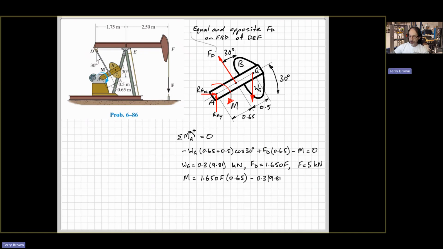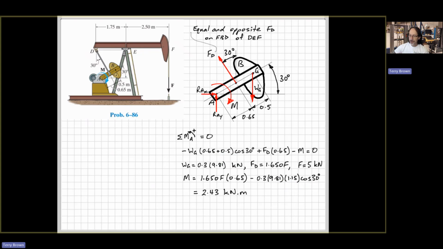So rearranging this equation here, just taking M over to the other side, we have FD times 0.65. We just need to substitute this in here. So that's where this is coming from. And then we also have minus WG, which is 300 times 9.81 times 0.65 plus 0.5, which is 1.15 times cos 30.